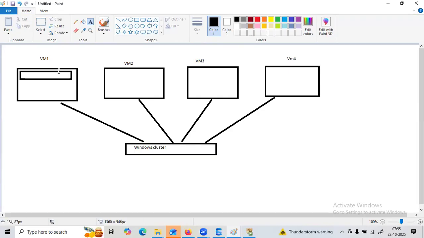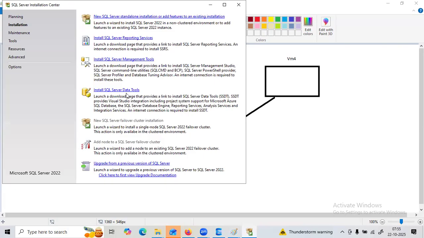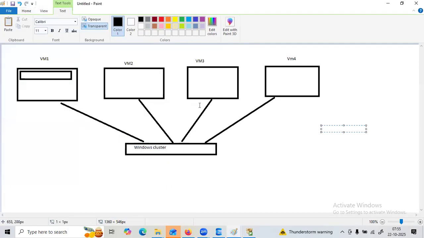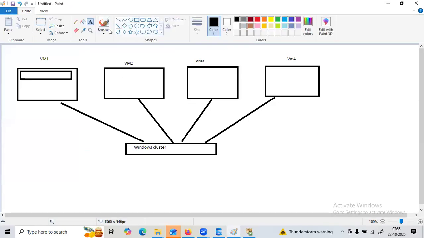On one VM we install the SQL server, like a new SQL server for the cluster. Then on the other computers we only do add node. I will show the add node at the bottom. The main installation happens on one computer, but on the other computers I do add node.